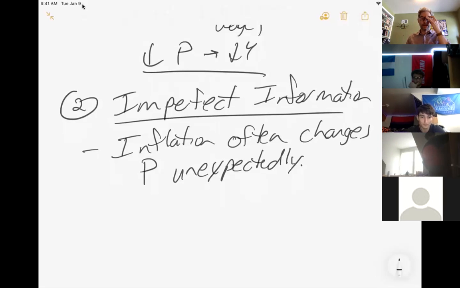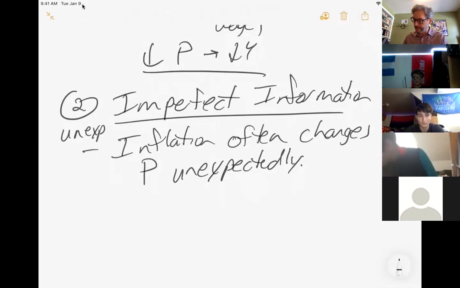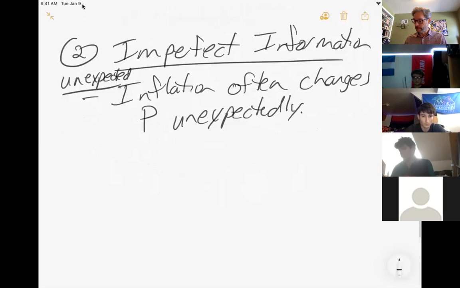That inflation often changes the price level unexpectedly, and I should be clear here: unexpected inflation, right? If it's inflation that's expected, that won't necessarily change anything. But what if it's unexpected inflation? That will often change the price level unexpectedly, right?